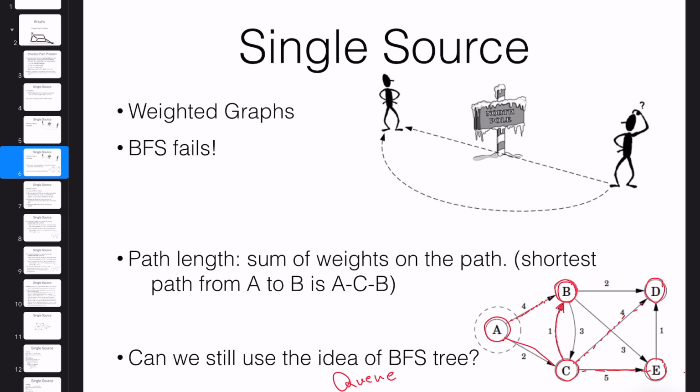For example, the cost of visiting the node D through B is going to be 5, right? The cost of B, which was 3, plus the cost of this edge that connects B to D. So the cost of D will be updated to 5.